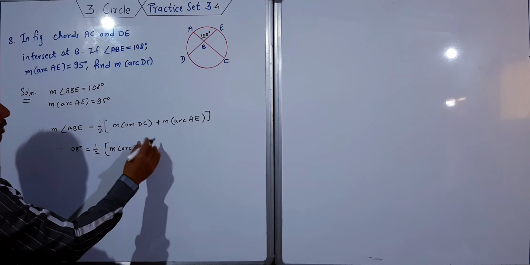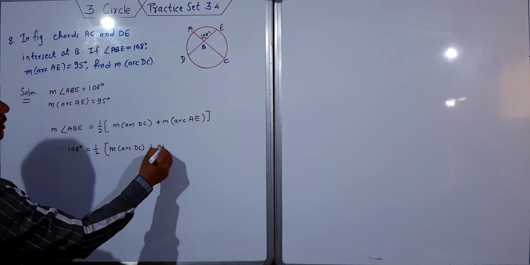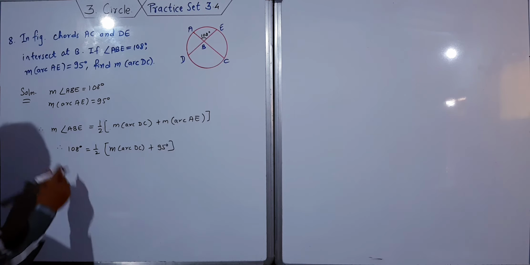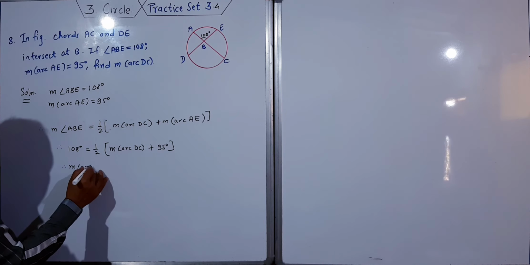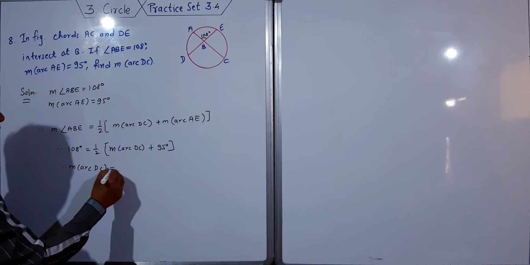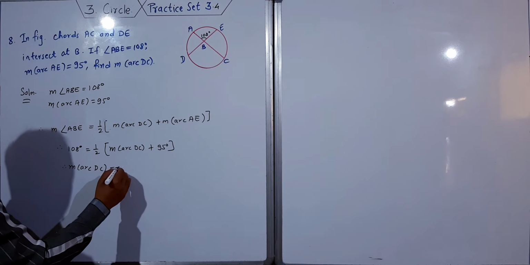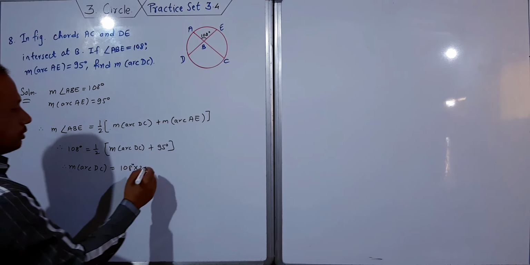And plus the measure of arc AE is 95 degree. Now take this 2 to this side. So the measure of arc DC is equal to 108 into 2, and this minus 95.